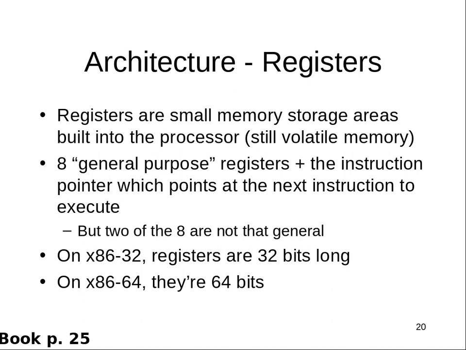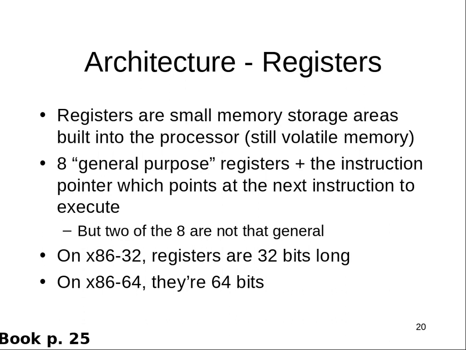Registers are small memory storage areas built into the processors, still volatile memory. A register is going to be your flip-flop that we've been talking about so far. x86 has 8 general purpose registers plus an instruction pointer plus a bunch of other things that we're not going to get to.